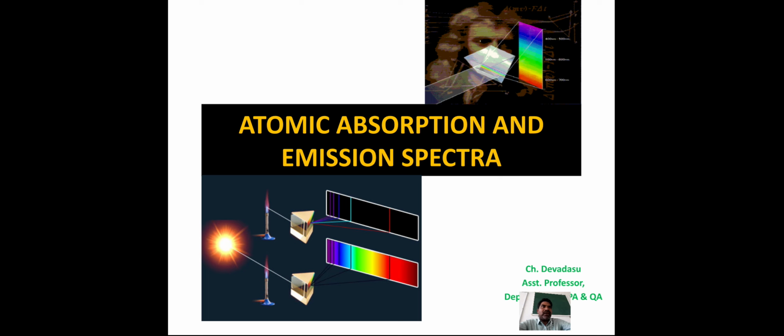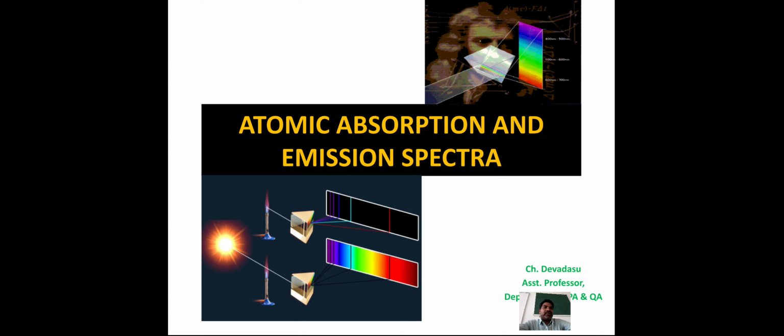The colored VIBGYOR lines can be observed through the spectroscope on the dark background. This is how atomic absorption and emission happen.